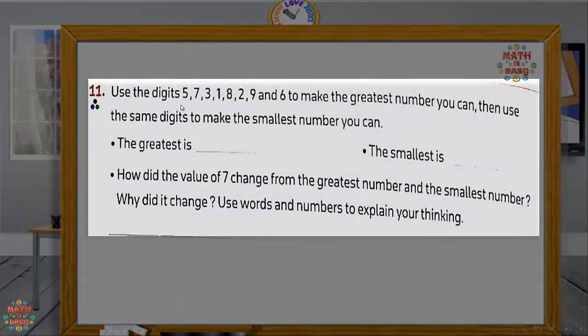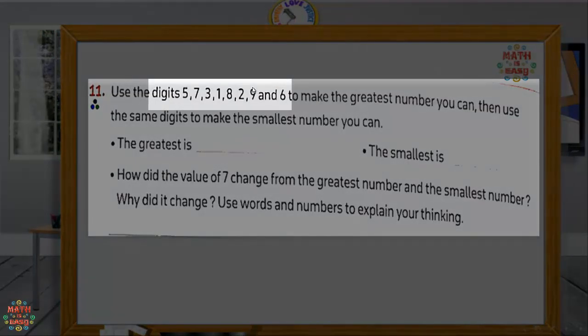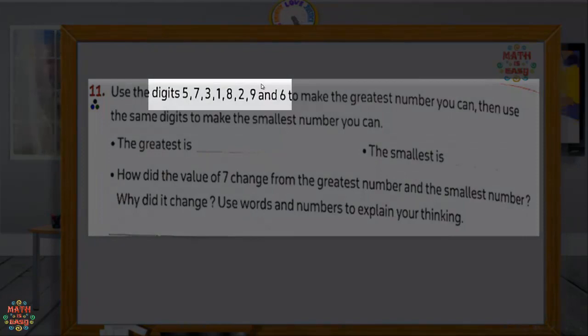11. Use the digits 5, 7, 3, 1, 8, 2, 9, and 6 to make the greatest number. Then use the same digits to make the smallest number. To write the greatest number, you should start with the biggest digit and order your digits from the greatest to the least.